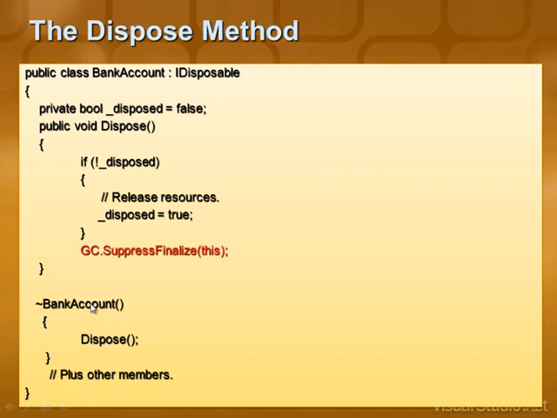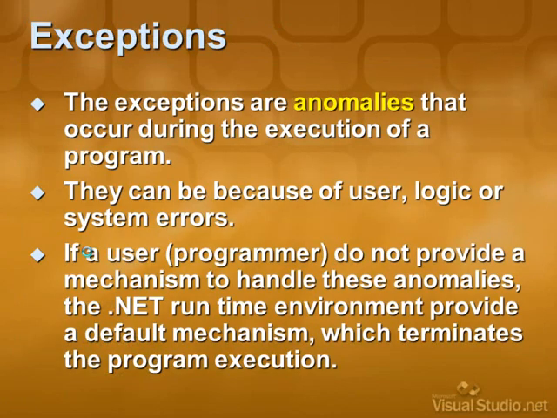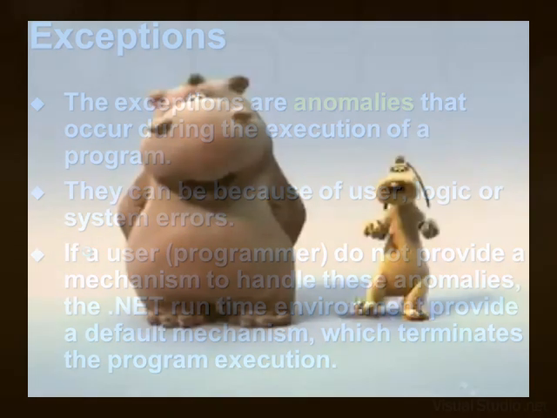Suppose nobody calls this method, then let the garbage collector itself call it. So when the garbage collector calls the destructor, you say call this Dispose method. It goes to the Dispose method, and in the Dispose method you are just telling the garbage collector, okay, I've done my work, you stop your work, and then it will stop. So this is what the destructor does.